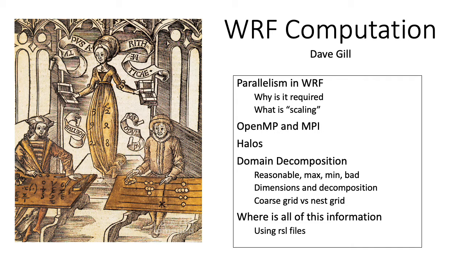There are some minimum and maximum boundaries, maximum based on the number of grid cells that one has, and minimum based on the amount of memory that one has. These decompositions are entirely a function of the total number of grid cells that one has, and that's for both the coarse grid and the fine grid.